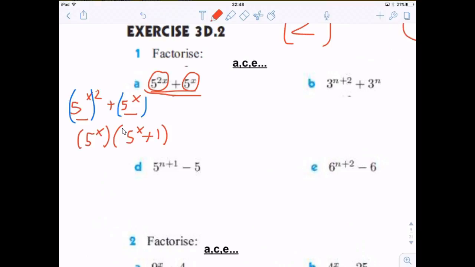Now, if you didn't really get that, then I'm going to put in one intermediate step. Once you rearrange the 2x so that it's x squared, and you can see that the base expression here is 5 to the x, you're going to replace the base expression with something else. I'm going to replace it with a happy face.